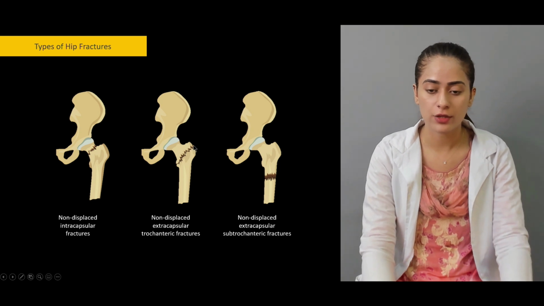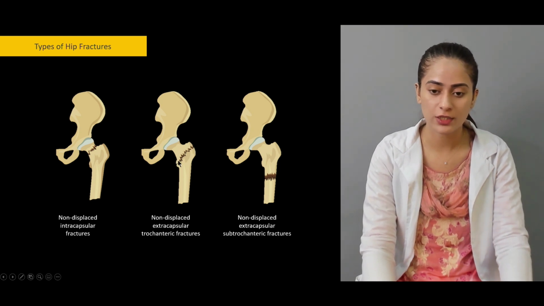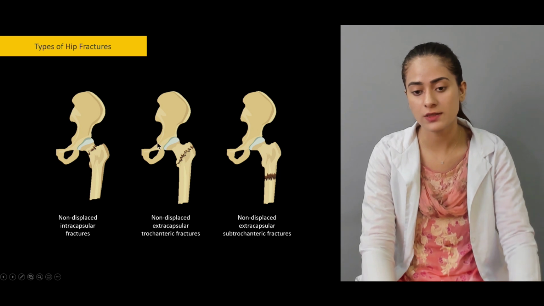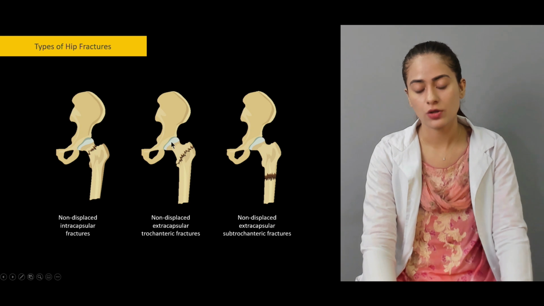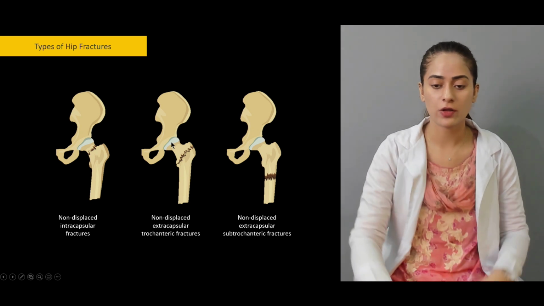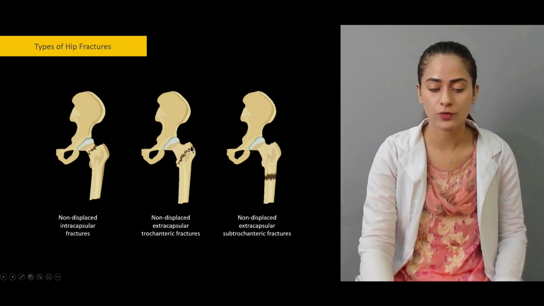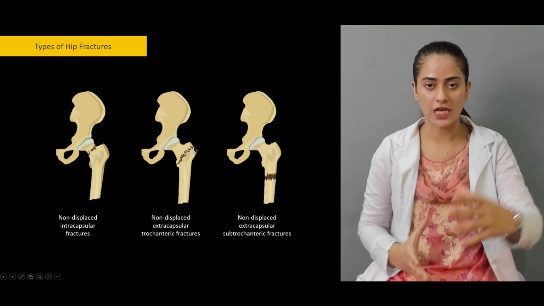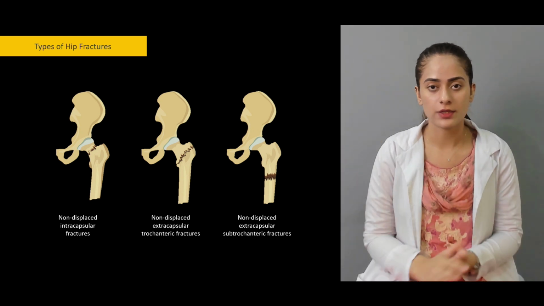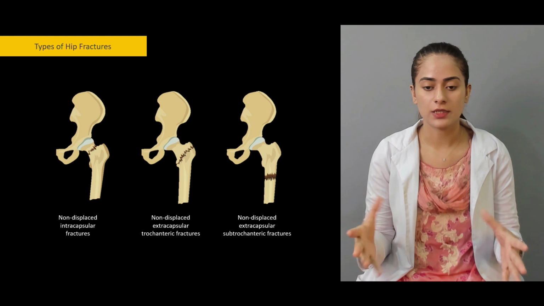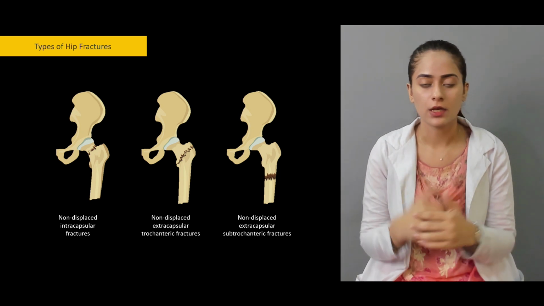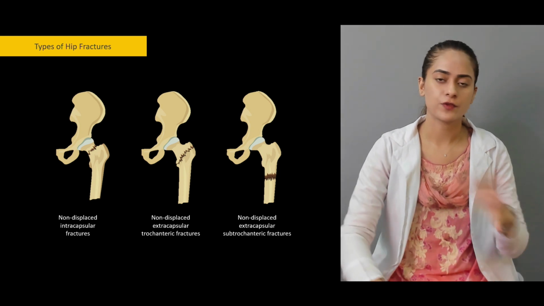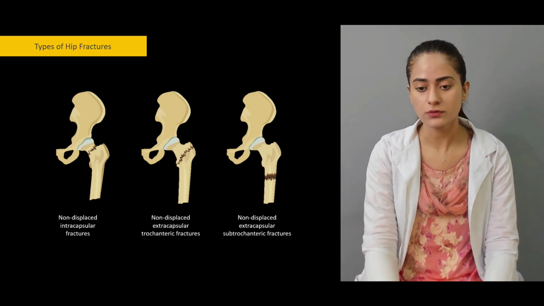Then another epiphysis is present here, known as the trochanteric epiphysis, and then one is present here in the pubis. That is for the growth of the pelvis, this is for the growth of the head, and that is for the growth of the shaft. These three are the epiphyseal plates, which are present in children only. Before the age of 15 to 18, they disappear.